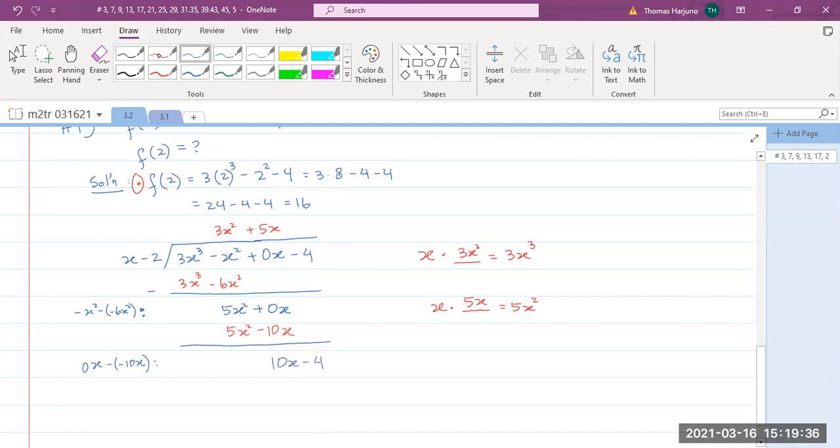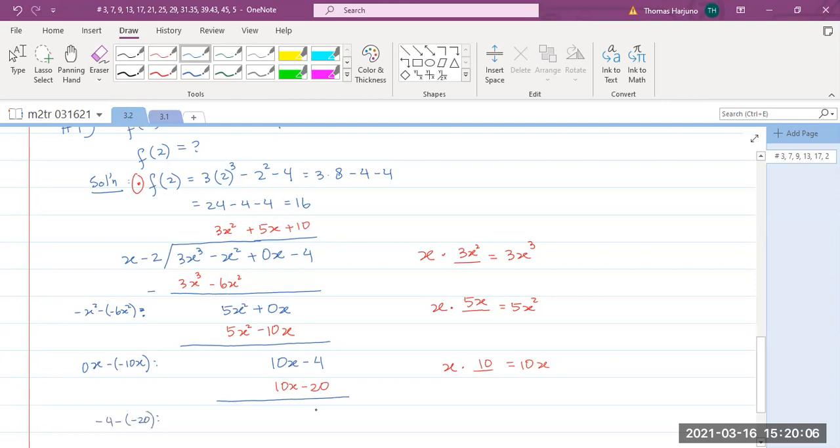Now we repeat the cycle again. X times what gives us 10x? That's easy, multiplied by 10, right? So plus 10 gives us 10x minus 20, which when we subtract, we get negative 4 minus negative 20.